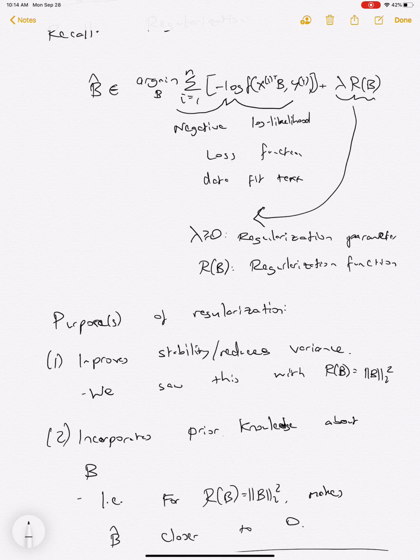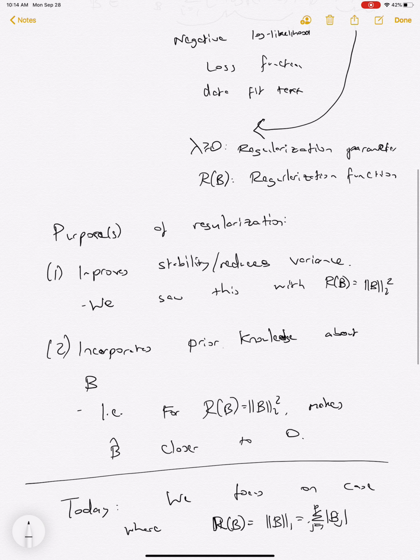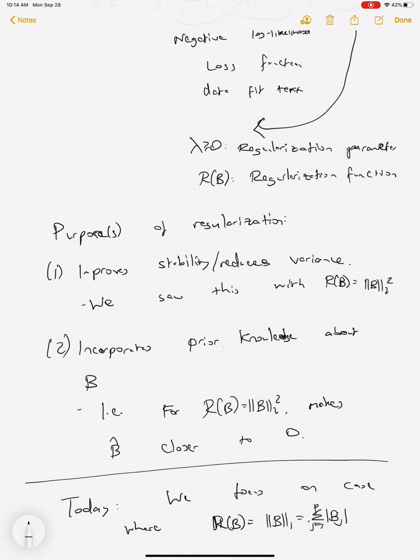Just to remind everyone of the main purposes of regularization, there are many, but we're really going to see two benefits in this course. The first, which we saw with ridge regression or the squared L2 penalty, is that it potentially improves stability or reduces the variance of your estimator.